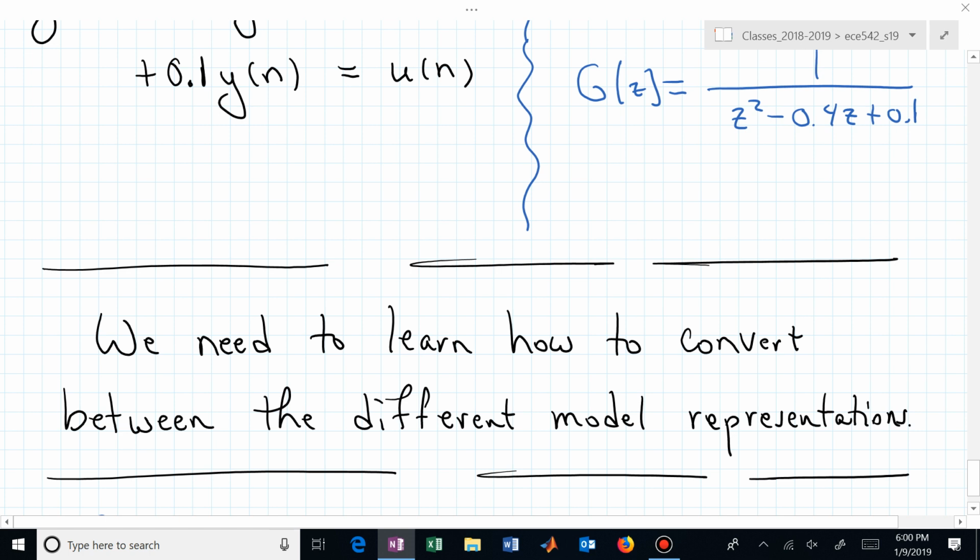Can I come up with a difference equation instead of this analog description of my filter? How do I do that? And we'll do that in this class, and we'll learn how to make the connection between g of s's and g of z's, or D of S and D of Z, etc., using discrete equivalence.